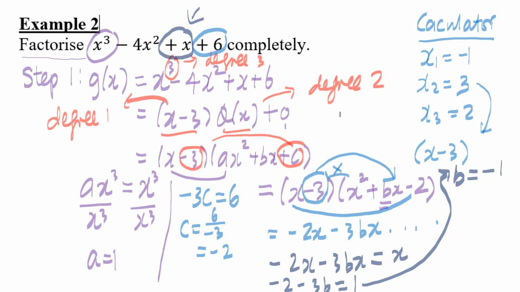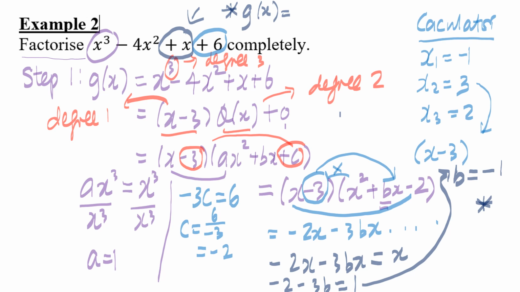Alright, so therefore your polynomial, I don't have much space here, so I'm just going to continue up here. So your polynomial f of x is equal to, we call it g of x. It's not f of x, we call it g of x. We're so used to calling it f of x.